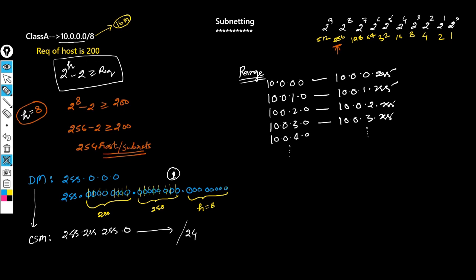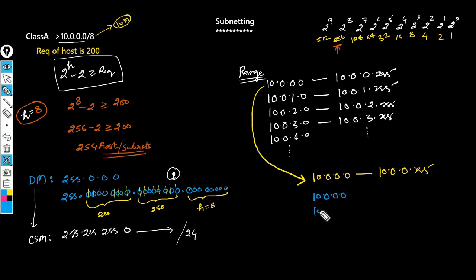Now once the ranges are calculated, I will take one of the ranges from here and calculate the number of IP addresses first. So take this first one. It is 10.0.0.0. It will go till 10.0.0.255. Correct? So write down the very first IP address in this.